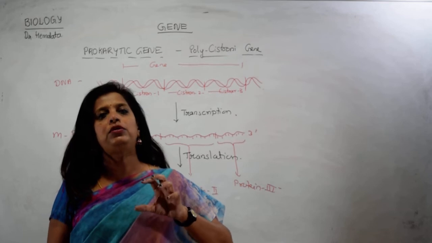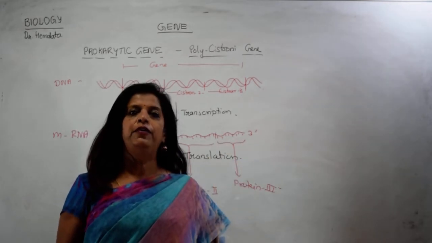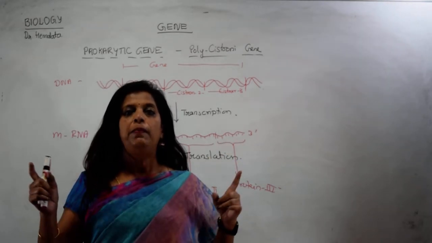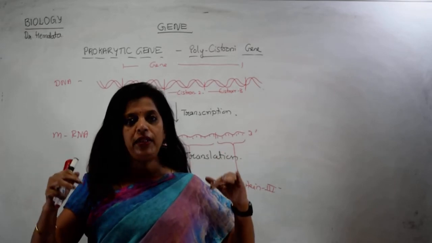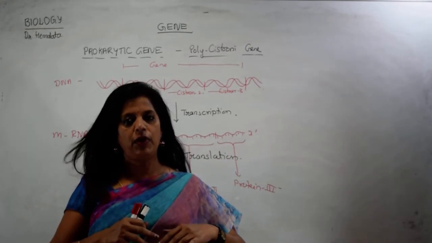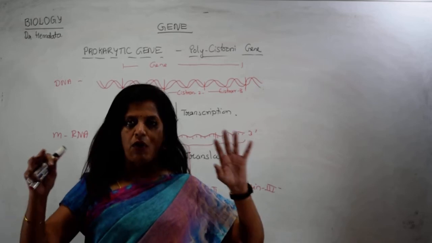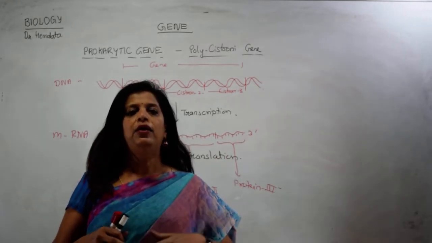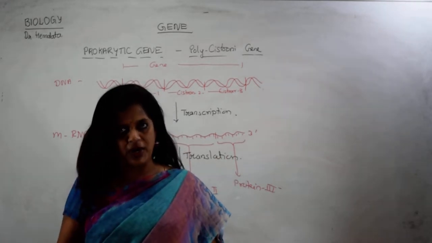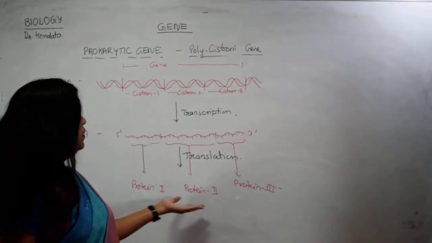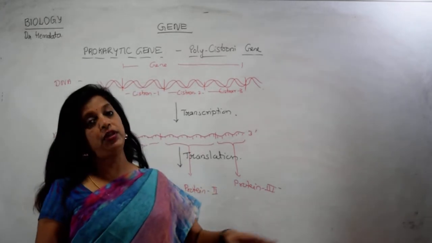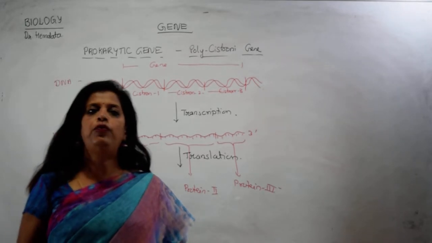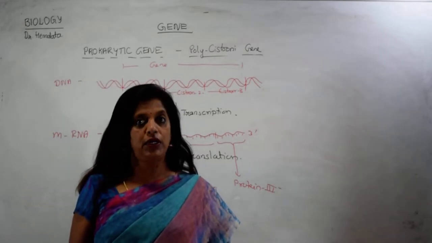But prokaryotes have this kind of gene with many cistrons, and when they undergo transcription, they form a long single mRNA for all the cistrons, and when it undergoes translation, they form protein 1, protein 2, protein 3 at the same time. Therefore, we call it a prokaryotic gene.